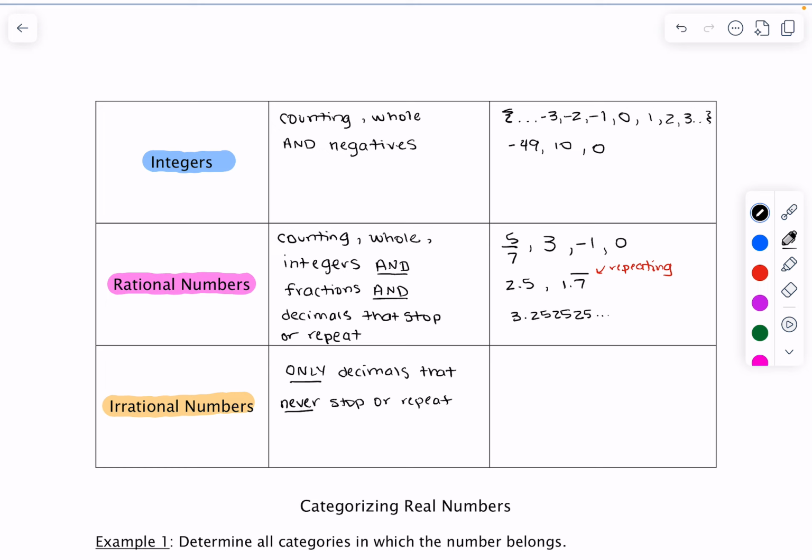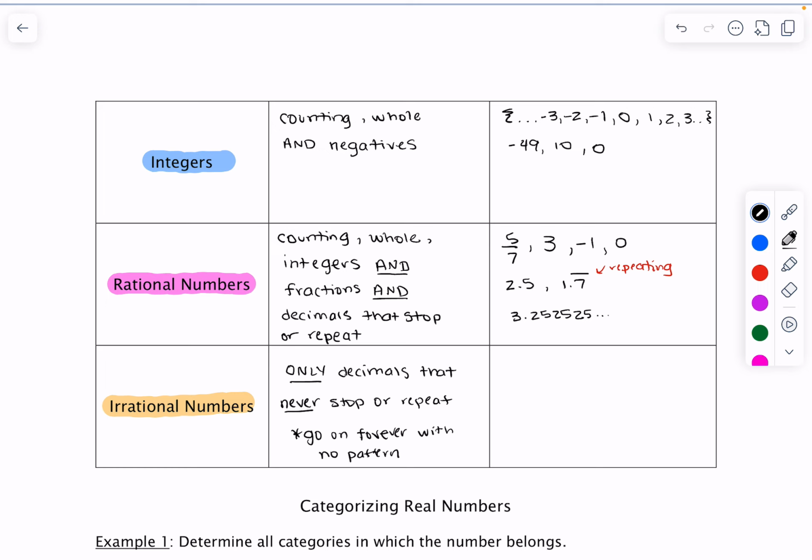They go on forever with no pattern. So here's some examples of that. And if you have a graphing calculator, you might want to get that out. If not, just take a look at what I'm about to show you so you can see how you can figure out what kind of decimal you're working with.